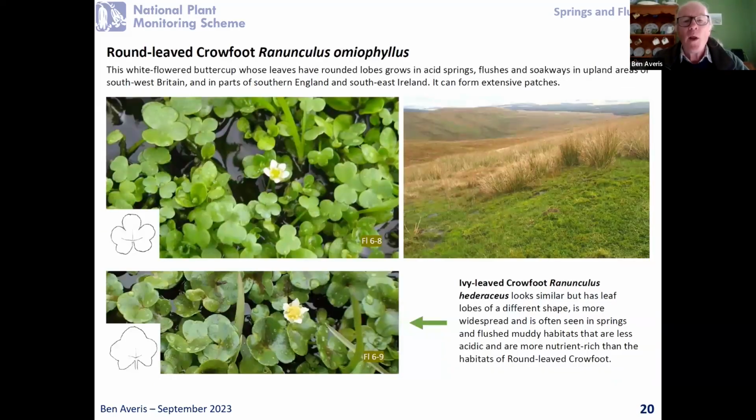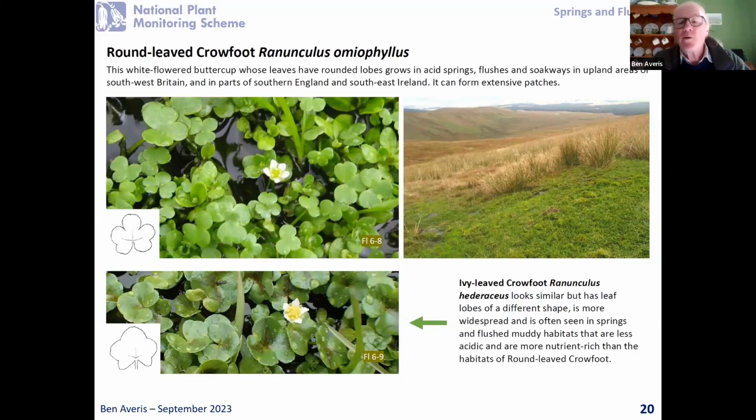Okay, and in the same sorts of places, if you're in the southwestern half of Britain and Ireland, or southeast Ireland anyway, then you might get this little white-flowered buttercup, round-leaved crowfoot, in fairly acid soakaway places, really, or very, very wet flushes or rills, especially on hillsides.